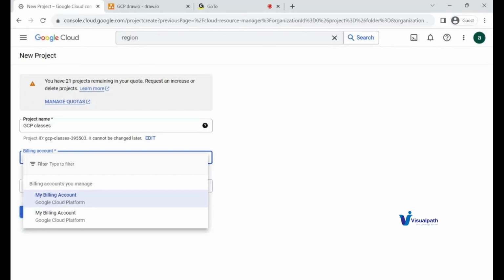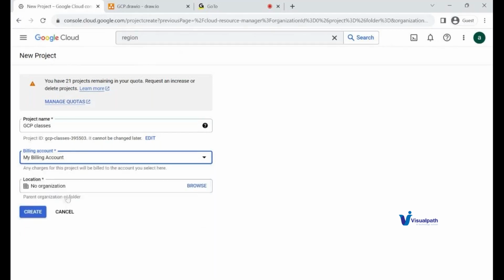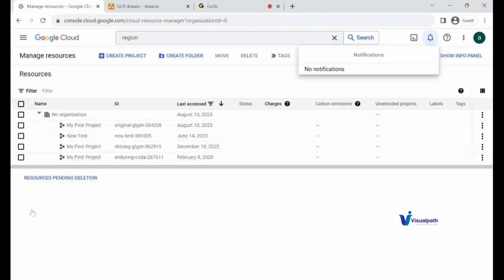So you need to select your particular billing account because it will help you to estimate the costs when you are putting together your SOPs or cost sheets for your clients. This becomes handy, and also when you are doing cost optimization, it becomes much handier. So you select your billing account and then the organization you are part of. Because I'm using my personal account, I won't have that privilege. So you can select the organization and then go ahead and create it, right?